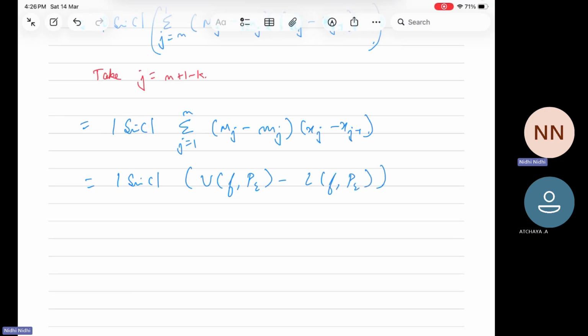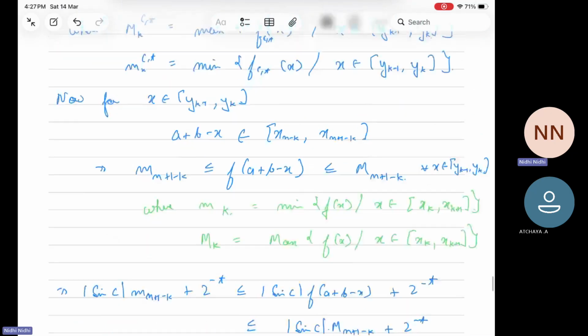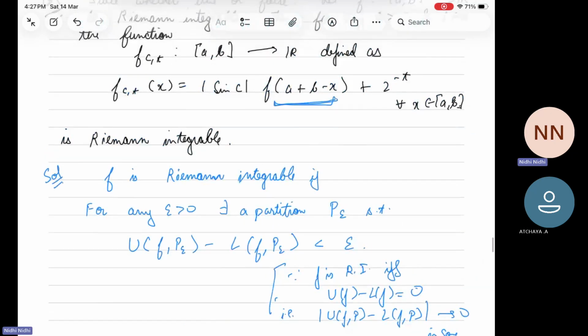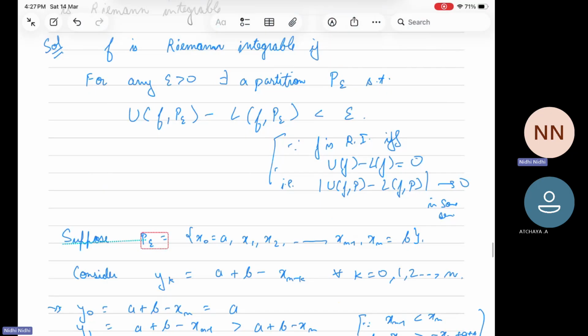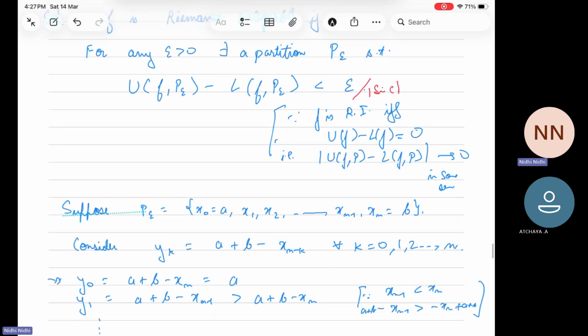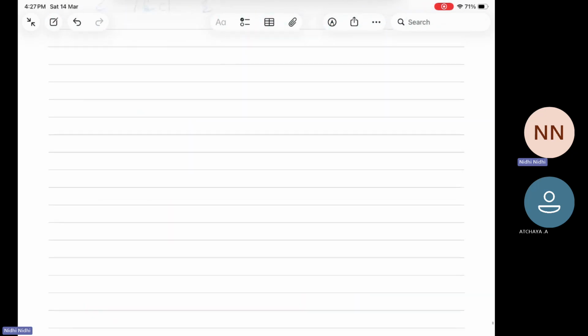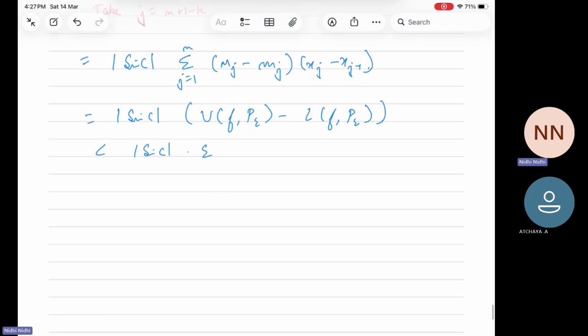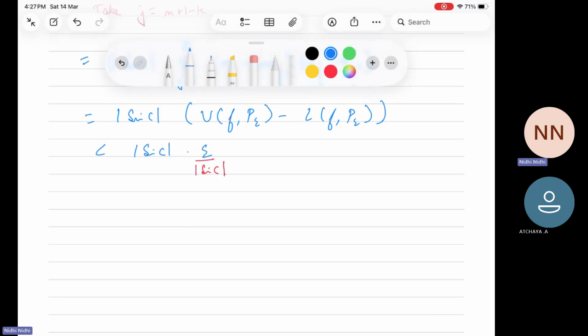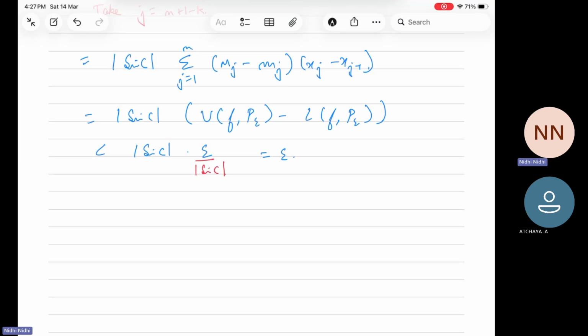And we were given that f is Riemann integrable, and hence this was less than epsilon. If I take that epsilon to be epsilon by |sin c|, just so that I get this divided by |sin c|, this will be equal to epsilon.